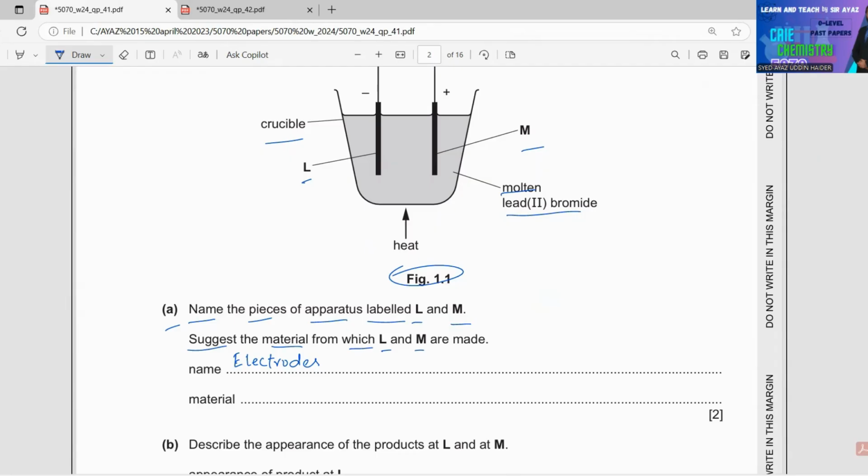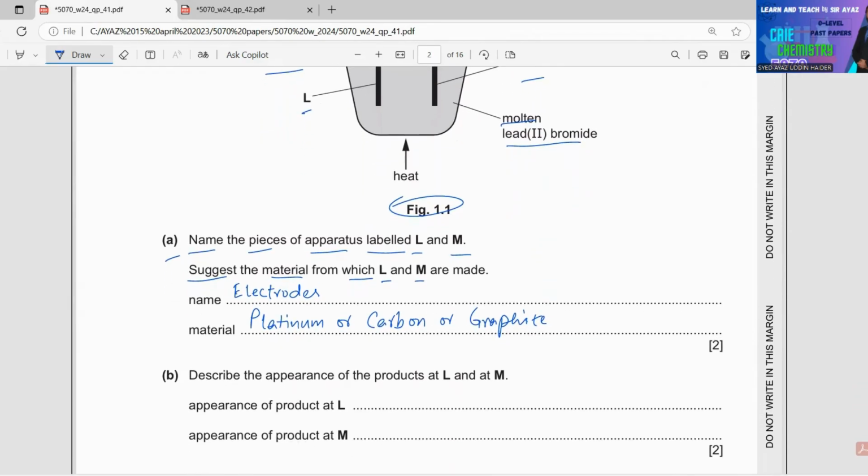So you can write platinum, or carbon, or you can even write graphite. Graphite is the allotrope of carbon, which can be used here as an electrode.